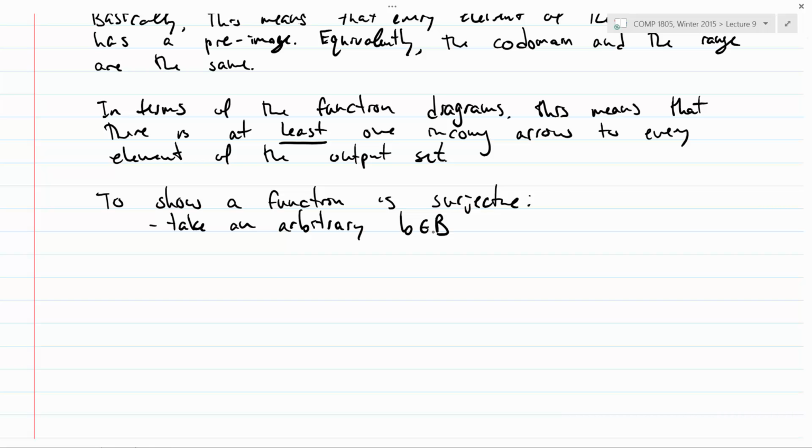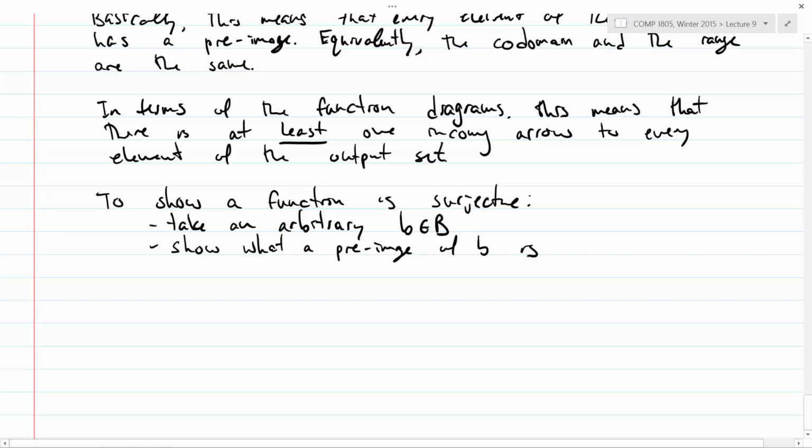This is exactly like what we did for our rules of inference for quantifiers. So it's arbitrary, and show what a pre-image of b is.